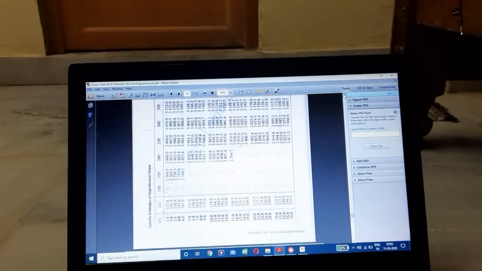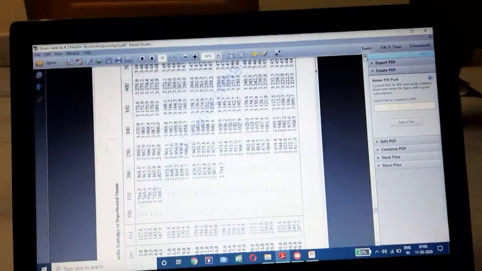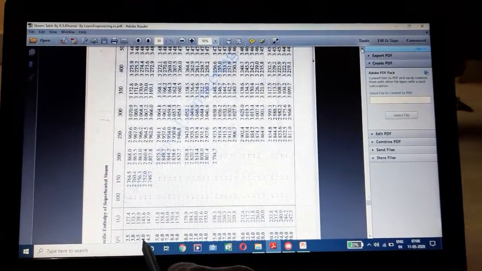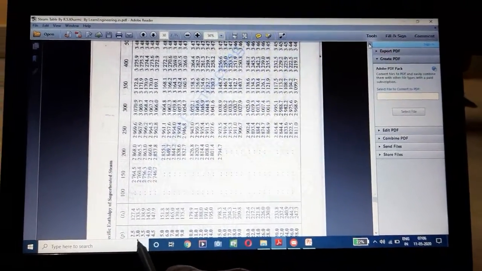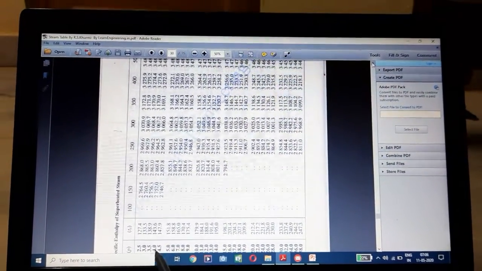We require the 4 bar pressure. At 4 bar pressure, it starts from 2.5, 3, 3.5, 4.